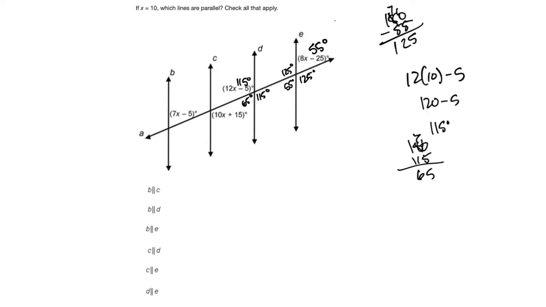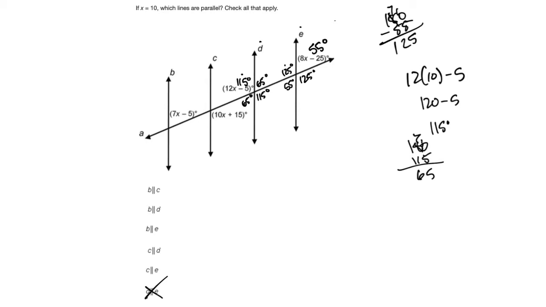So that'd be 65, and that would be 65. So if I look at D and E, they're definitely not parallel, are they? Because none of the corresponding pieces or alternate exterior, interior, supplementary, none of those work.